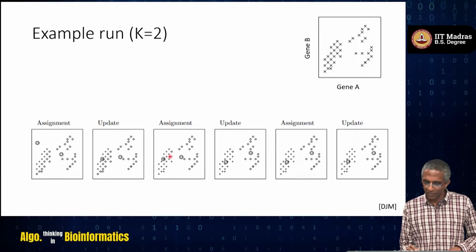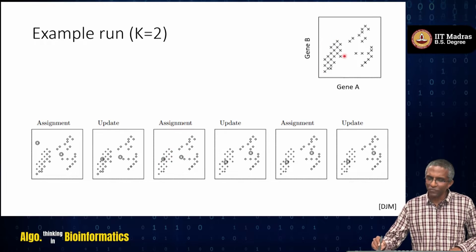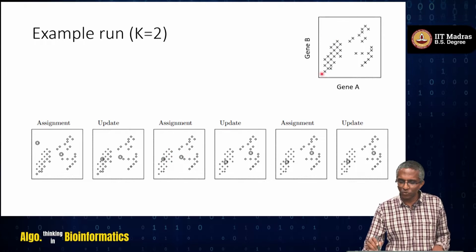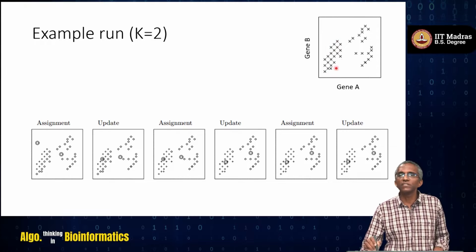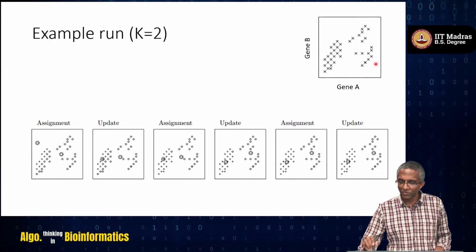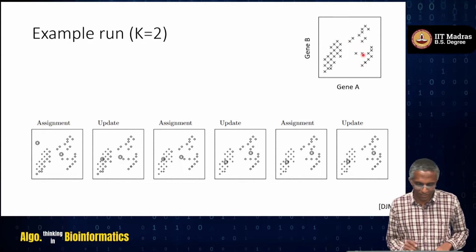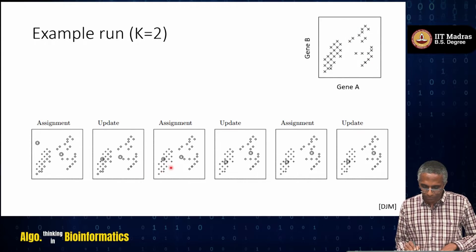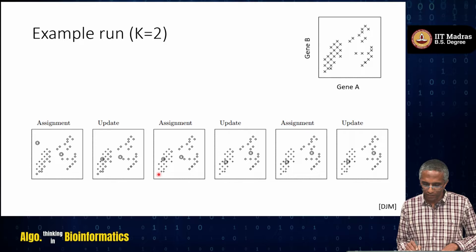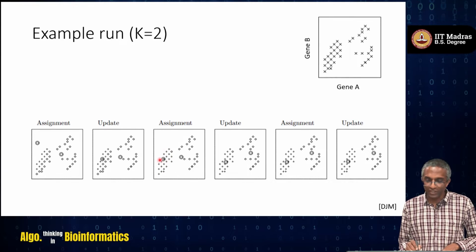Now you can see that, looking with the human eye, there are largely two clusters. One is this cluster, and the other is this cluster. We are trying to see if the k-means algorithm will converge on what our human brains and eyes tell us are clusters. So this is more or less getting assigned. All these data points are pluses, so they are getting assigned to the first center, and these are all diamonds.